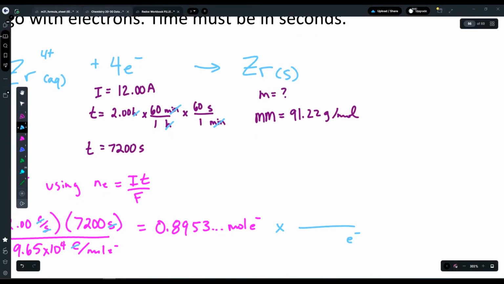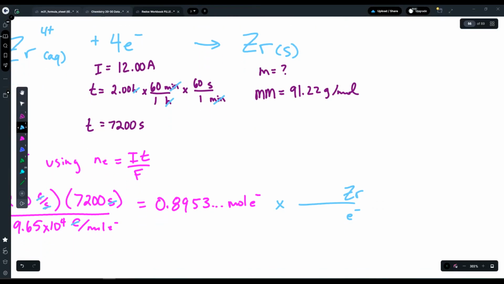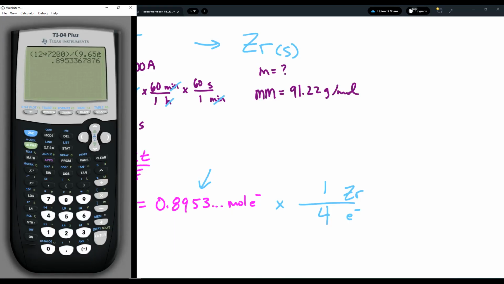Zirconium has a coefficient of 1, and the electrons have a coefficient of 4. So we're taking this number, making sure to use the entire raw number from our calculator, and then we're going to times it by a quarter, or you could also say just divide it by 4. Both will get you the same answer.